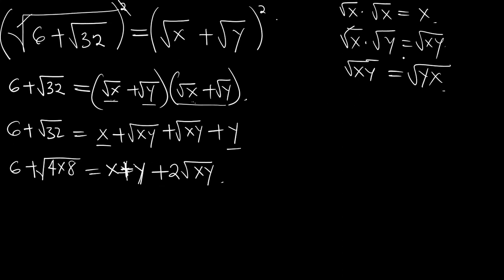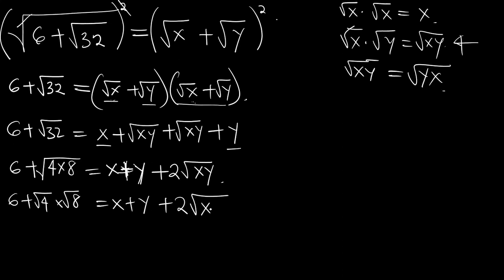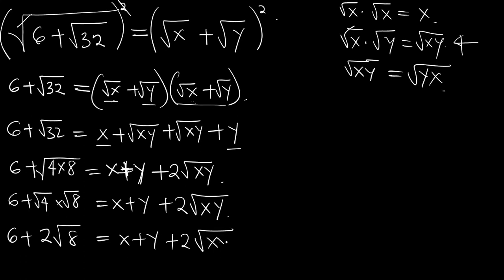According to this particular rule, this can be written as 6 plus the square root of 4 times the square root of 8 is equal to x plus y plus 2 square root of xy. Now you have 6 plus the square root of 4, which is 2, times root 8, equal to x plus y plus 2 square root of xy.